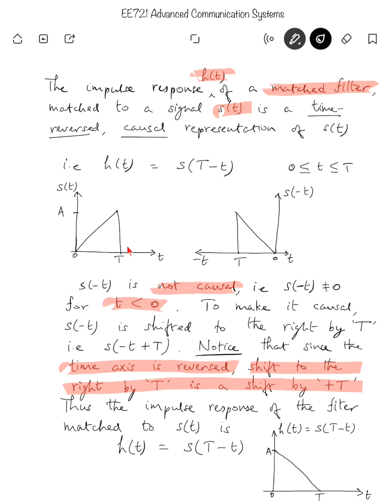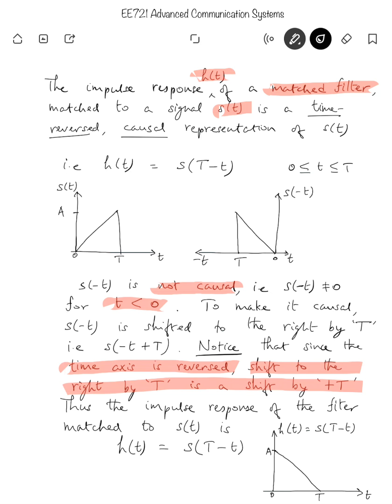Our signal of interest is s of t, and we have now created an impulse response for a filter such that it is matched to the signal s of t. So the matched filter impulse response looks like this. This is basically the right shifted version of s of minus t, where it has been shifted by capital T.